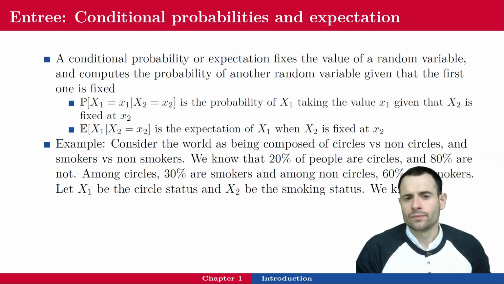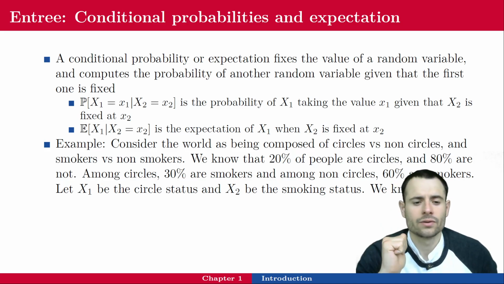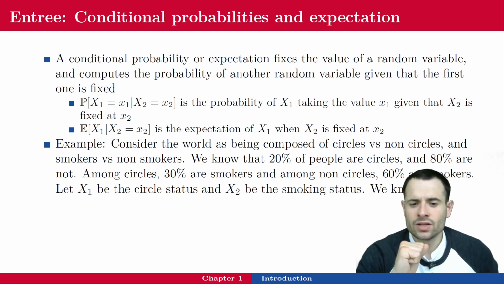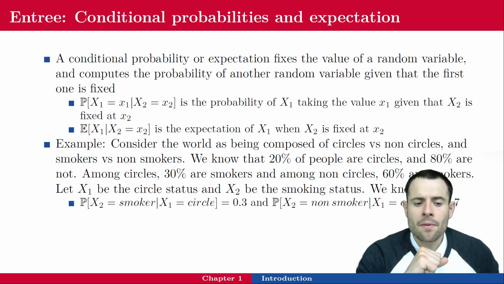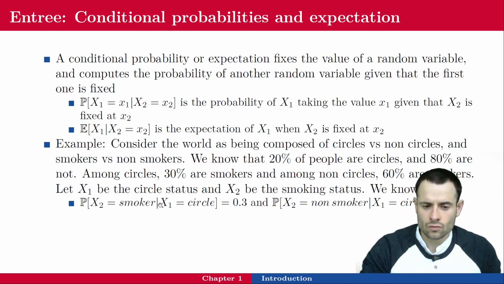So here we have two variables. We have, are you a circle or not? And the other one is, are you a smoker or not? So let X1 be the circle status and X2 be the smoking status. So given the data I just gave you, what we know is that the probability of finding a smoker among circles, when X1 is equal to a circle, is 0.3, because 30% of the circles are smokers.